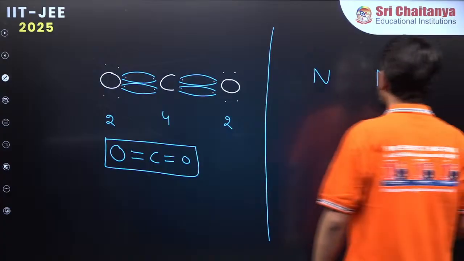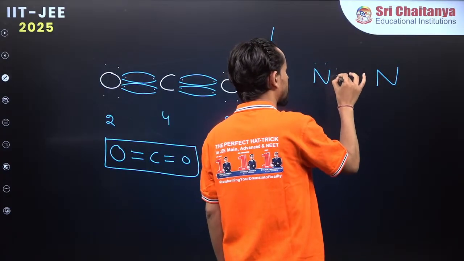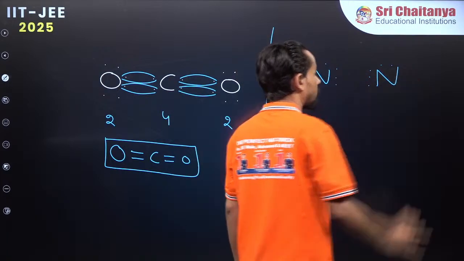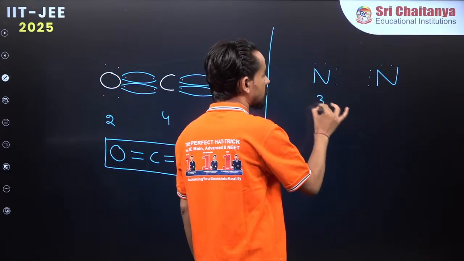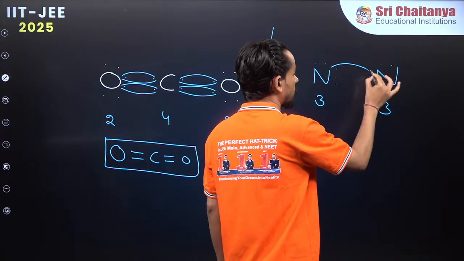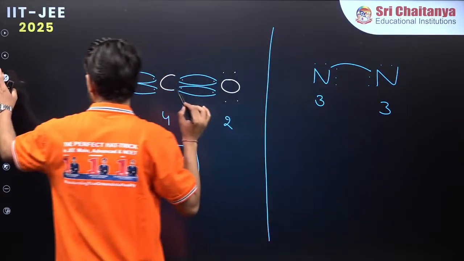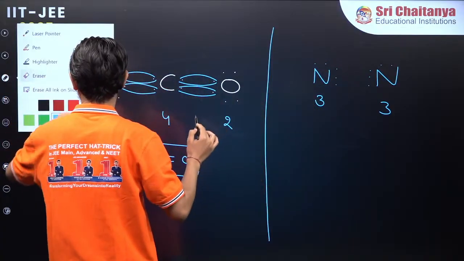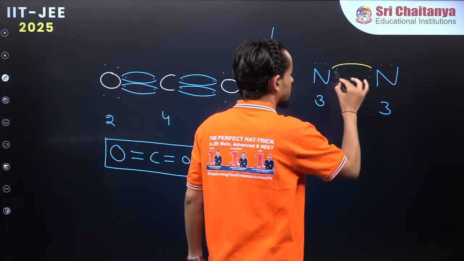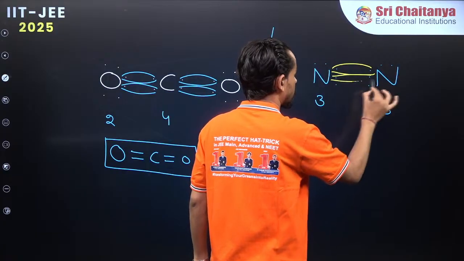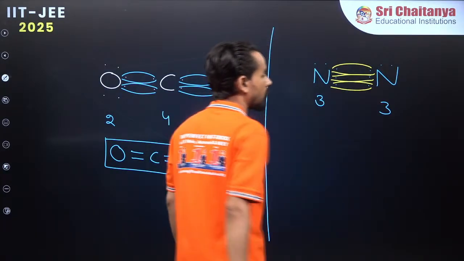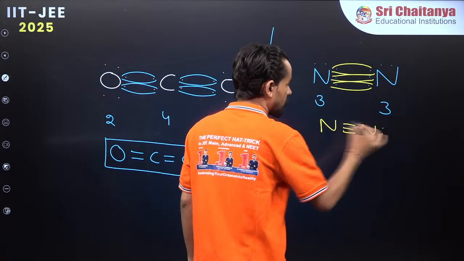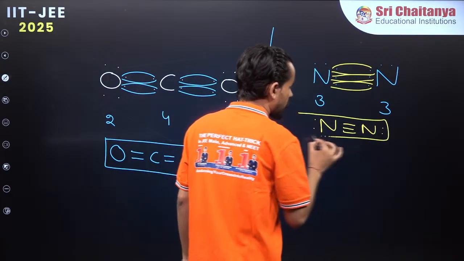Okay, what we have to write is, see, 1 2 3 4 5 electrons are there. How many deficiency? 3 deficiency. So it also requires sharing of 3 electrons. That is 1, then 2 and 3, and this is represented as N triple bond N, okay, and 1 pair of electrons will be left.